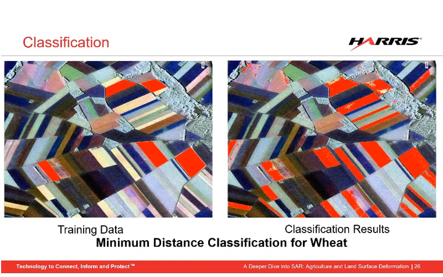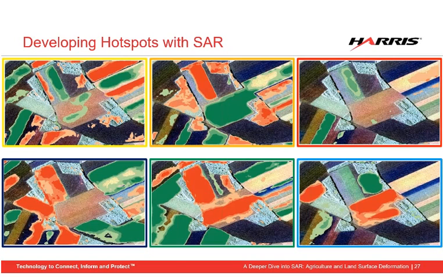Lastly, I thought I might show that SAR imagery works with other agricultural analysis tools as well. In this example, I ran the ENVI Crop Science Developing Hotspots tool over a small group of fields. This tool compares two scenes to see how the vegetation is growing compared to the surrounding vegetation over time.